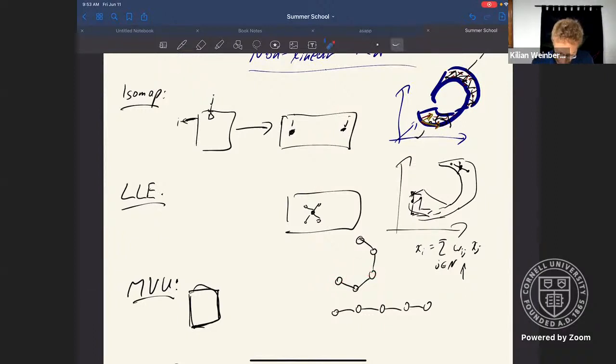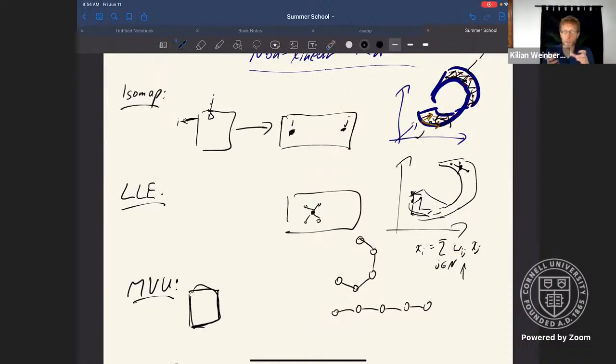What's the probability that I draw this guy as the nearest neighbor, or this guy, or this guy? In the low dimensional representation, I want these probabilities to be the same. If I place this point somewhere, I want the probability that I draw it as nearest neighbor to be the same as in the high dimensional space. That's essentially the idea.